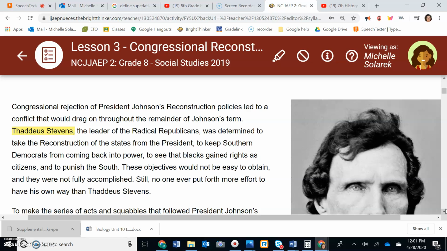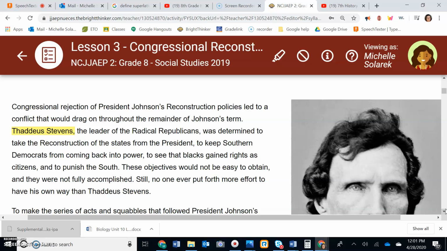So those people from the North who wanted to save the way slaves were treated were called radical Republicans. So the Republicans are saving people, and the Democrats from the South, which are called the Union, they want them to still be slaves or have no rights.